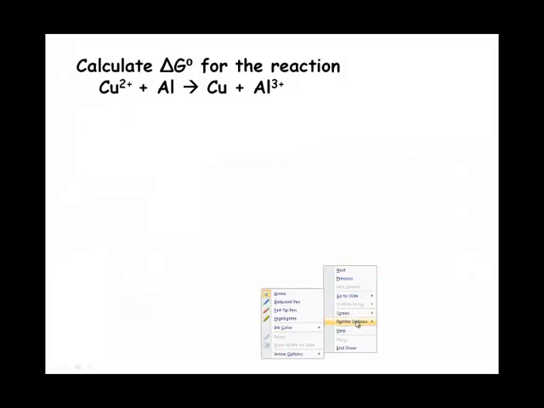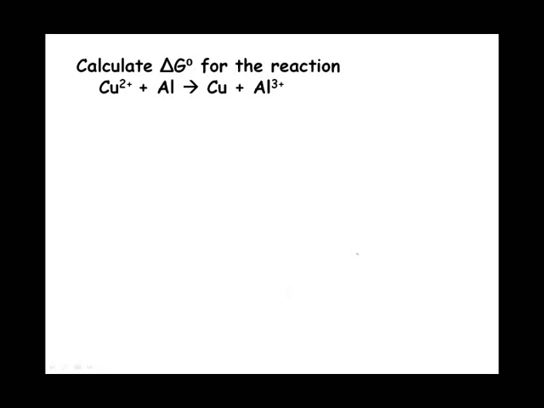Okay, in this problem we're going to actually calculate the Gibbs free energy associated with an electrochemical cell. So here I have copper 2 plus and aluminum becoming copper plus aluminum 3 plus.